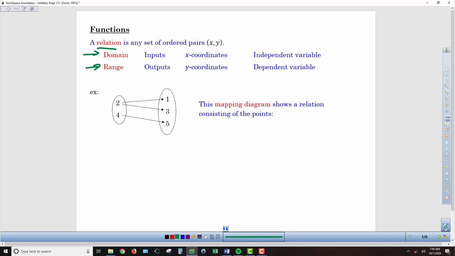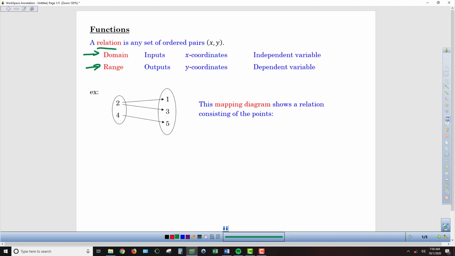There are lots of ways, and we'll talk about more of them later, that we can represent a function or a relation. One of those options is what we see in front of us, a mapping diagram. A mapping diagram is just a visual representation of a collection of inputs and outputs, of ordered pairs.